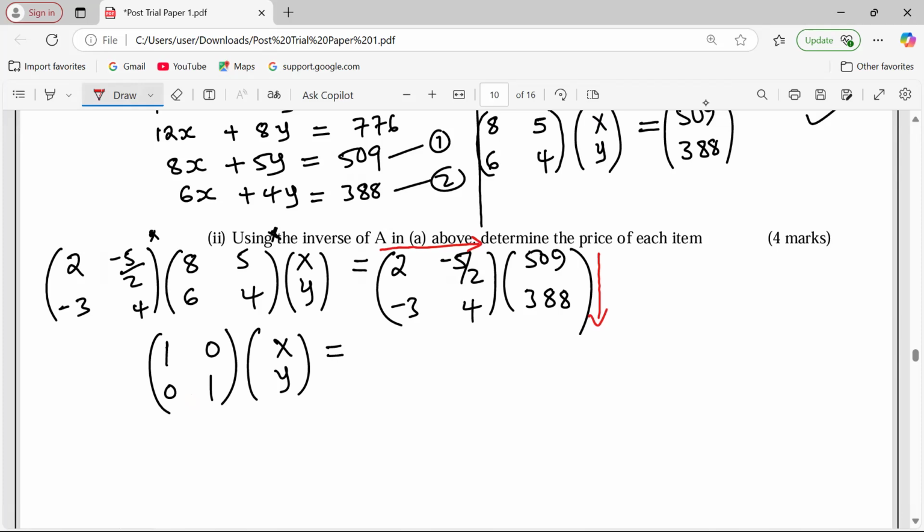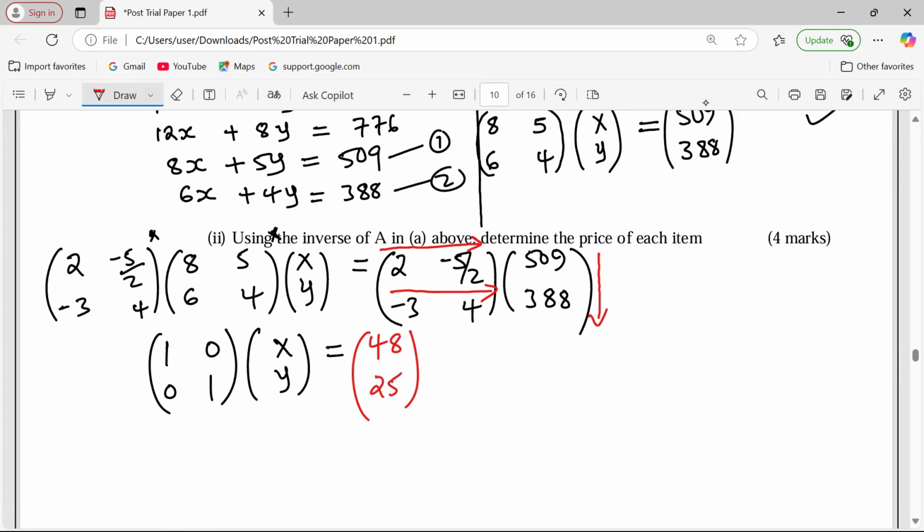So this is giving me 48. The other row by the same column. -3, you open bracket, 509, plus 4, you open bracket, 388. This is giving us exactly 25.